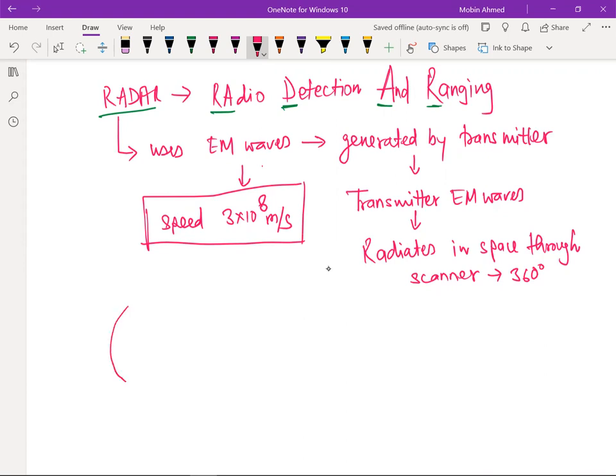Suppose this is a radar, and this is a radar which is going to emit the pulse.